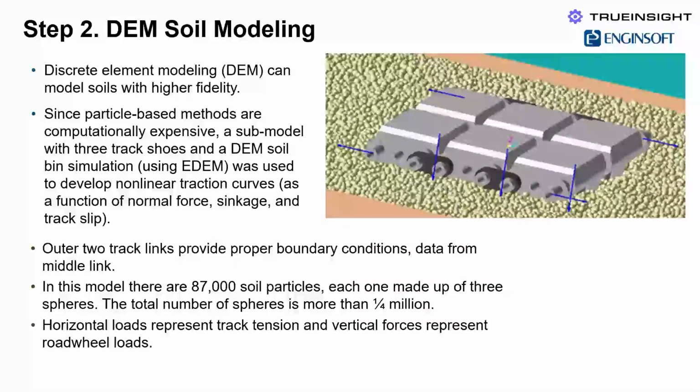And again, it's not just the shape, but it's also the friction and cohesion parameters. And so these blue arrows represent the different loads. We have the normal loads, the vertical arrows, and then the side-to-side arrows represent the tension and basically the pull-out force ultimately.